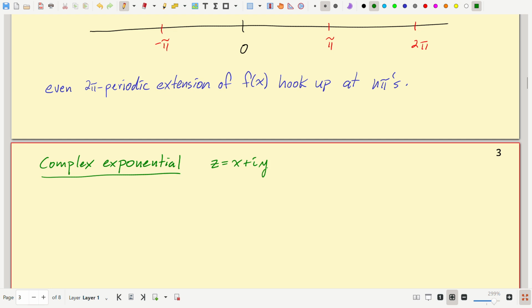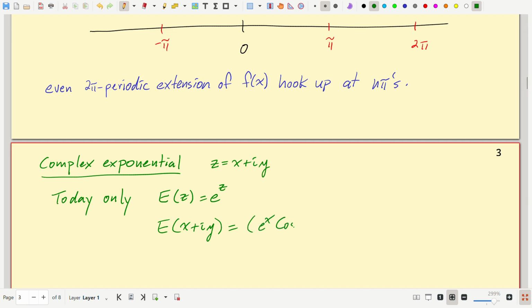And today only, I'm going to write e of z equals e to the z. And remember, in the x plus iy notation, the real part is e to the x cosine y, and the imaginary part is e to the x sine y.